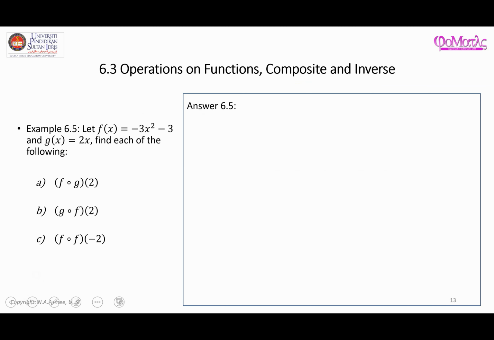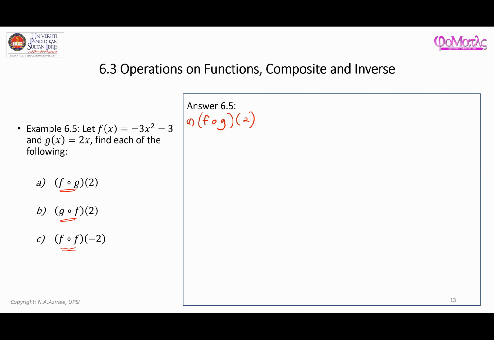So here is example 6.5. Find each of the following: f compose g of x, g compose f of x, and f compose f of x. We start off with question A. So what is f compose g, where the value of x is 2?